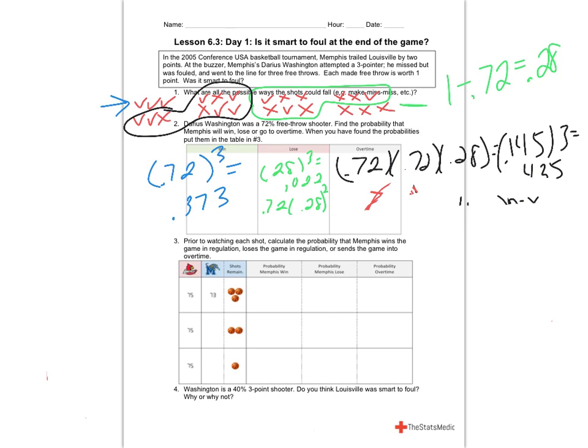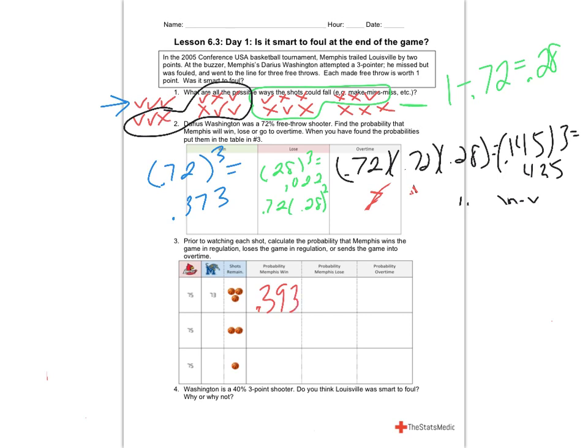Let's look at part 3 now. Prior to watching each shot, calculate the probability that Memphis wins the game in regulation, loses the game in regulation, or sends the game into overtime. We're actually just going to take a look at what actually happened. The probability that Memphis is going to win, we already calculated, is 0.393.